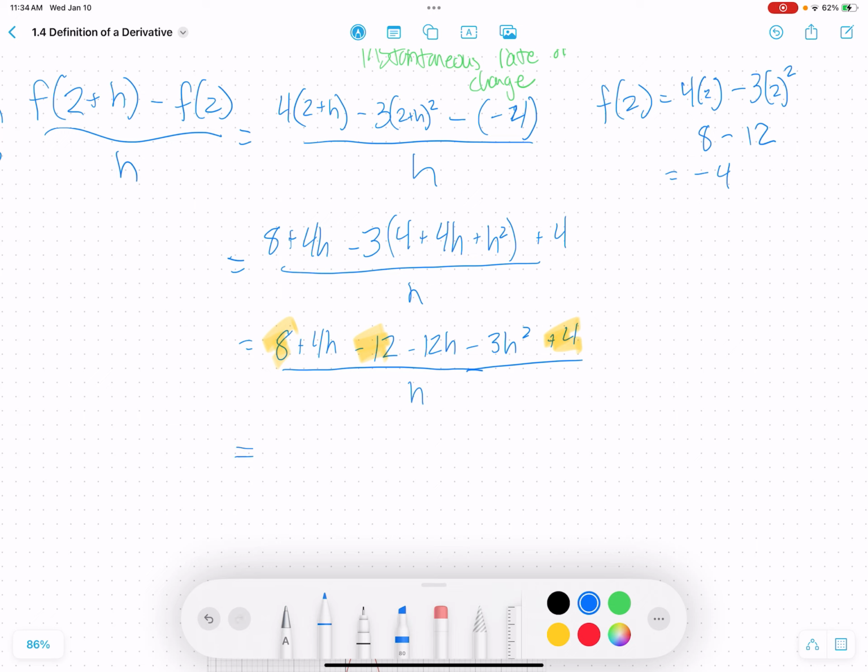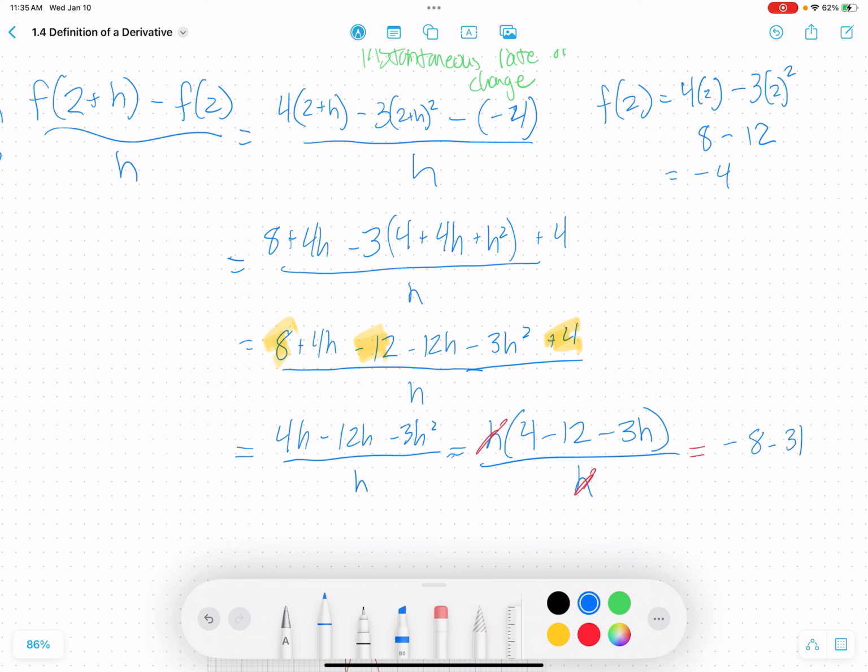And now I'm left with 4h minus 12h minus 3h squared. Every term in the numerator has an h in it, which means I can factor out an h. Once I factor out this h, it can cancel with the h that's on bottom, and I'm left with 4 minus 12 is negative 8 minus 3h.